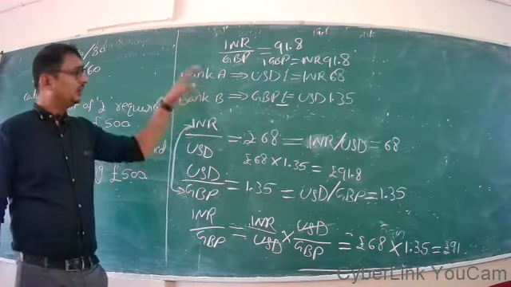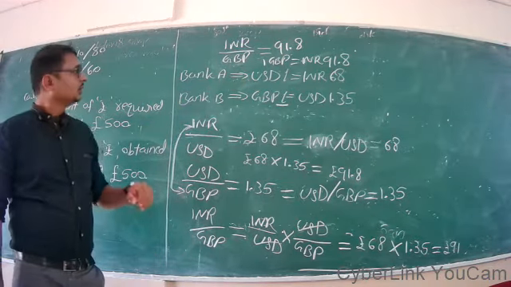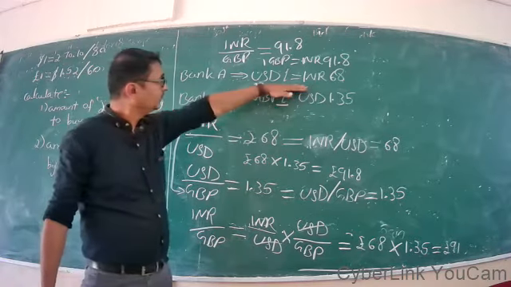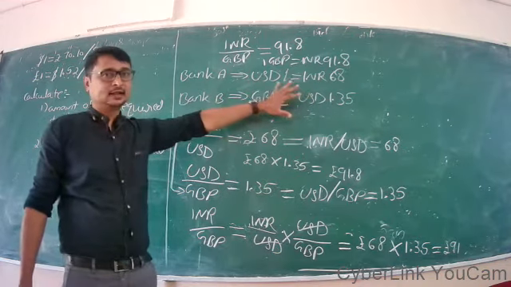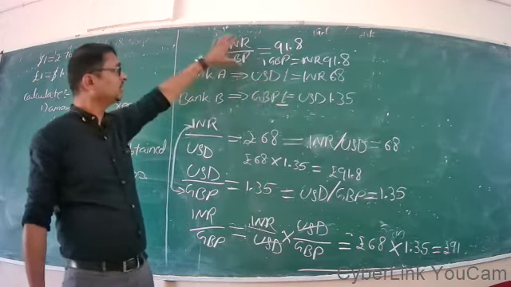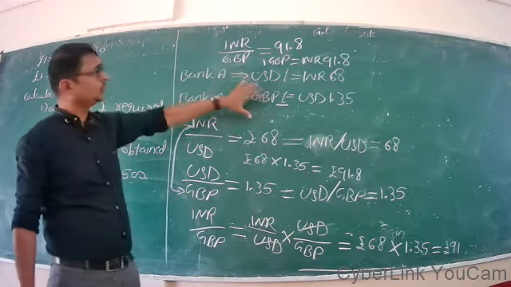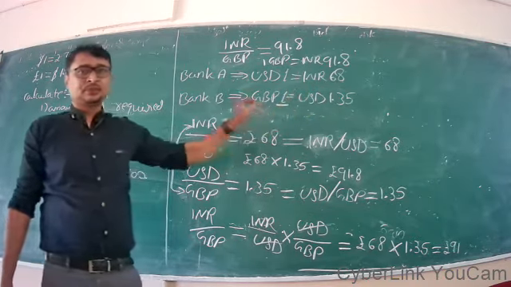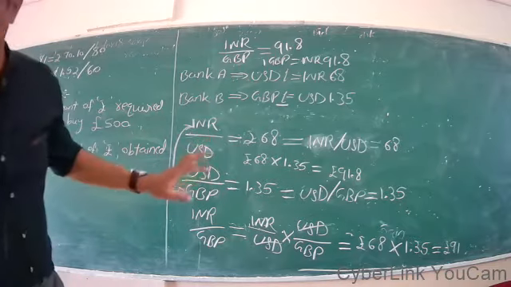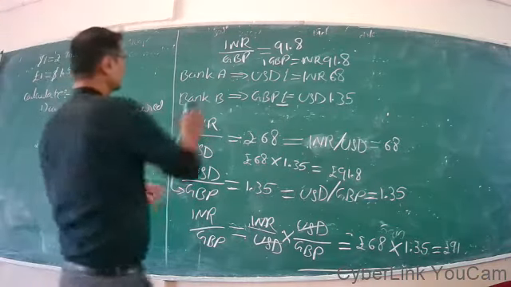So what have we done so far? With the help of these two quotations, we have established the relationship between the other two currencies, GBP and INR, right? Such a concept is called cross rate.